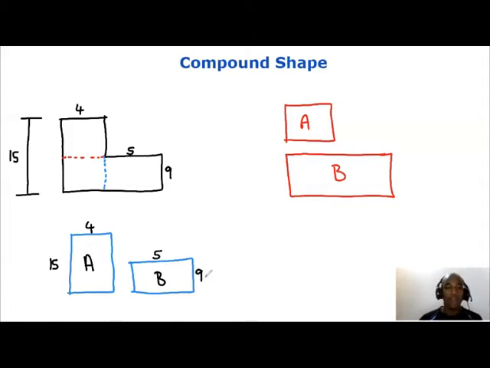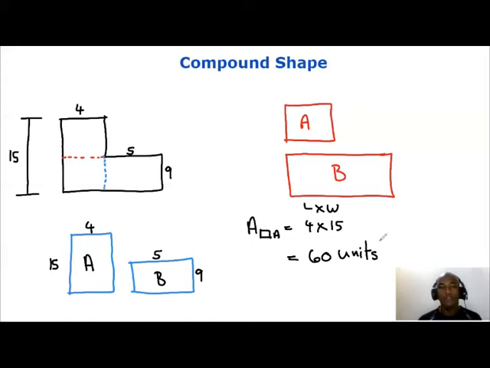So what's the area? Technically, we have 2 rectangles here. The area of rectangle A will be equal to 4 times 15, which is length times width. If we multiply 4 by 15, that should give us 60. So 60 units squared. We don't have any particular unit of length here, so let's just say 60 units squared.